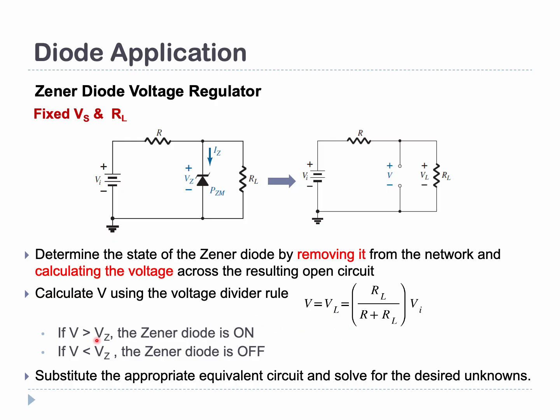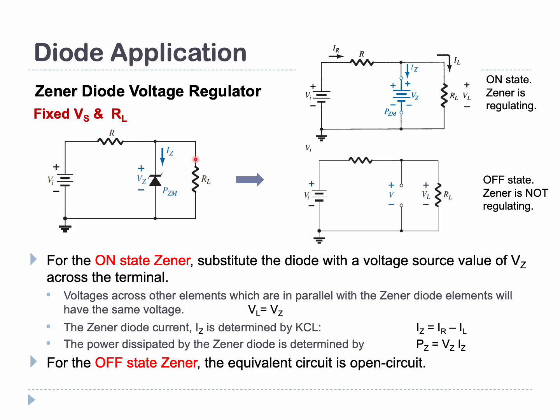Okay, so if the V that you have determined is larger than the value of the zener voltage, meaning that your zener is turning on, and if the V that you have determined is lower than the zener voltage, it means that your zener is turning off. Alright. Okay, so there are two methods that you can use. You can use the Thevenin or the voltage across the open zener.